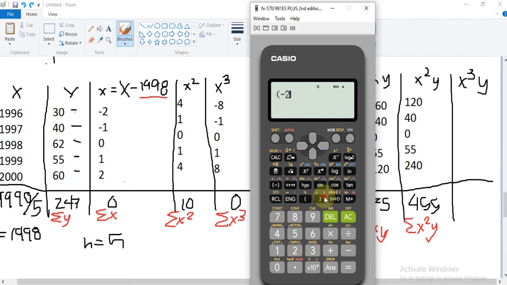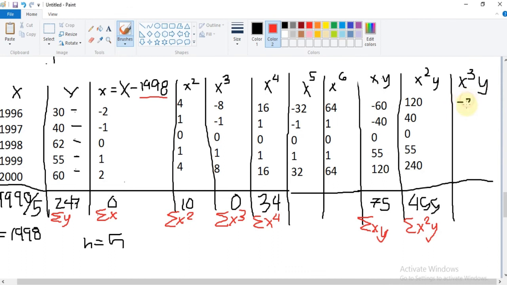Negative 2, 3 times 30. So negative 240. Negative 240.